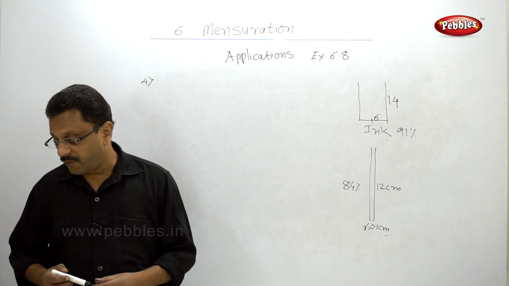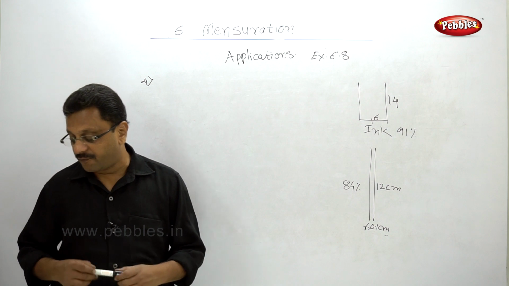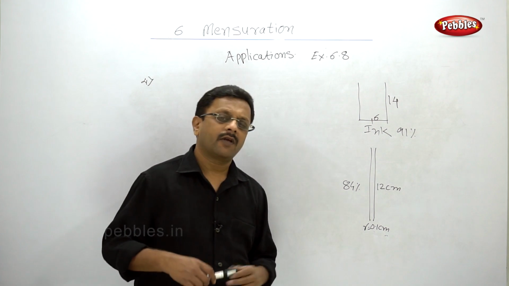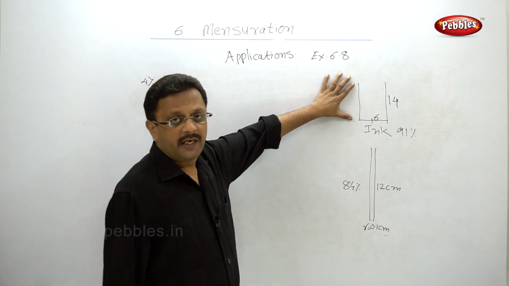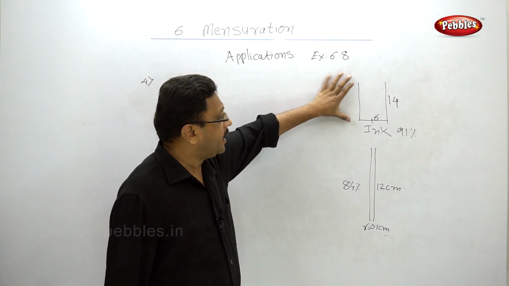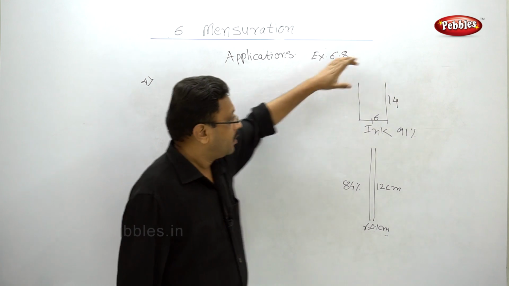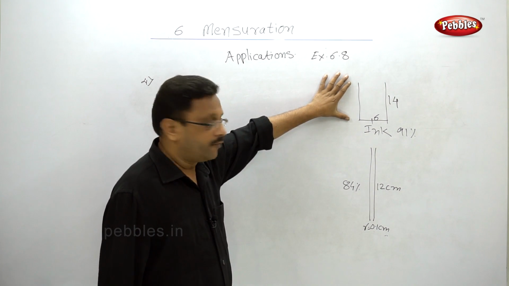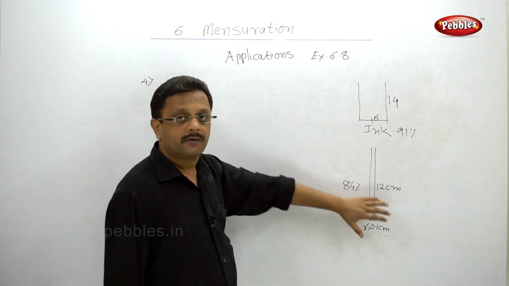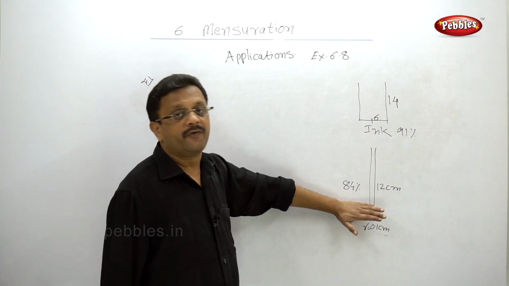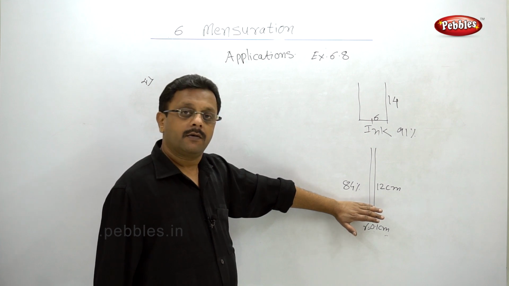They ask, find the number of refills that can be filled with this ink. Very simple. Now volume of the ink, if the ink is fully filled up to top, this volume of the ink, if you divide by the volume of the refill, if this refill is fully filled, you will get the number of fully filled refills.